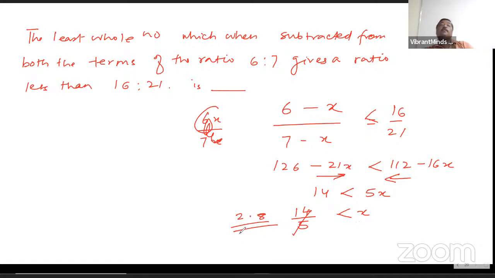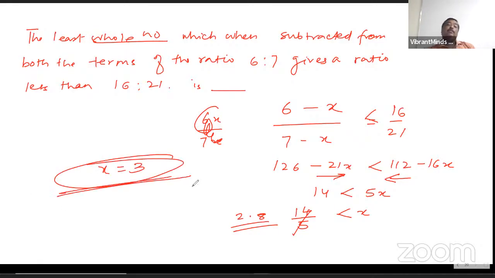So x is greater than 2.8. And what I must know is a whole number. So x is equal to 3. The whole number which is greater than 2.8 is only 3. So I will mark my answer as 3. Is it okay, guys?